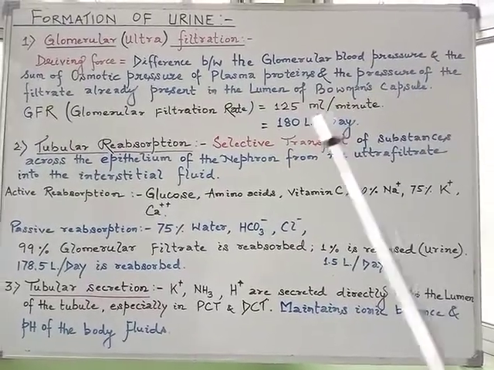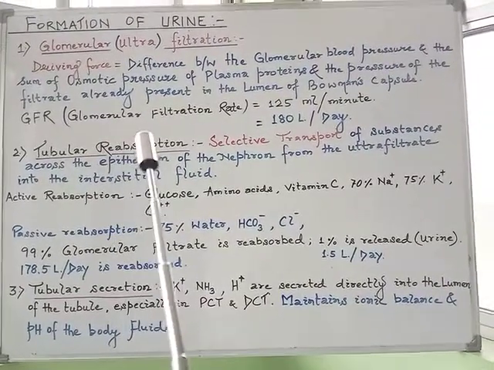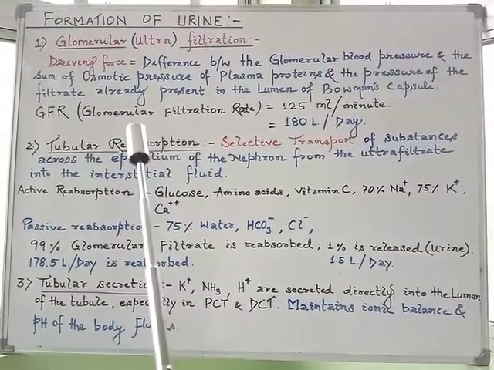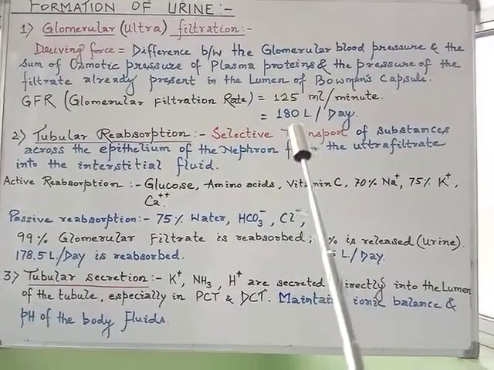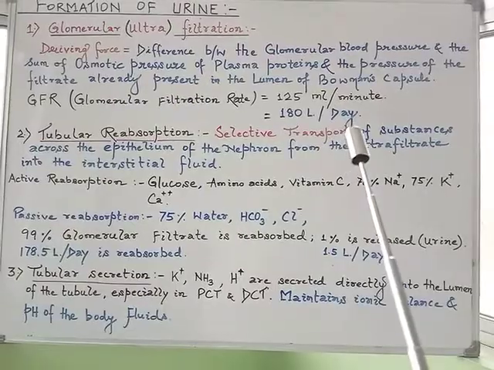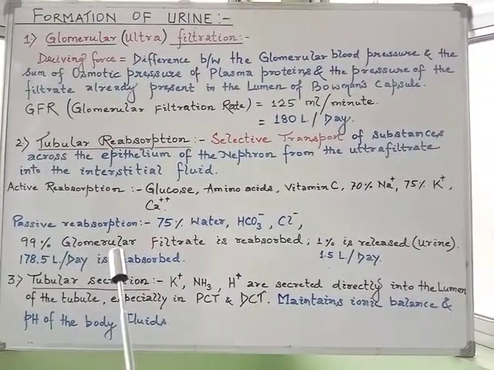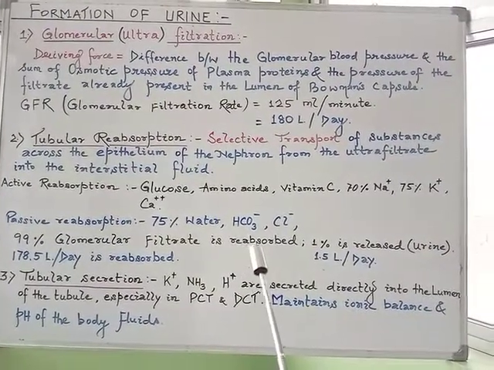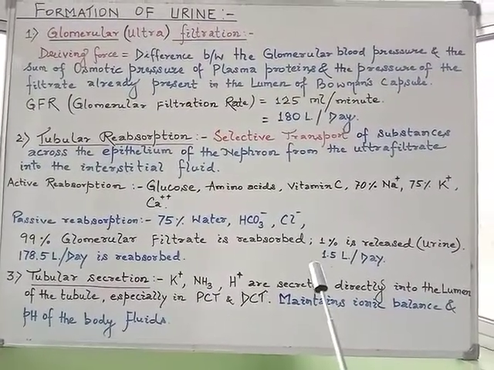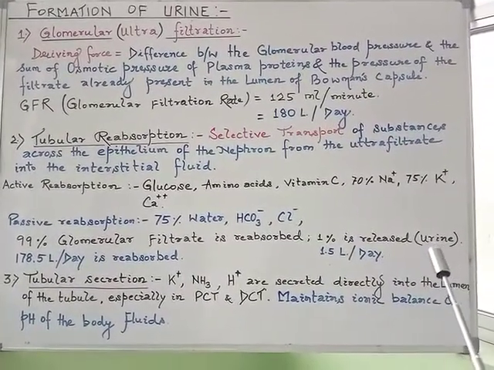So we may calculate that the total glomerular filtrate formed in a normal adult healthy person is about 180 liters per day, out of which about 99% of the glomerular filtrate is reabsorbed back into the blood, and only the remaining 1% is released in the form of urine.